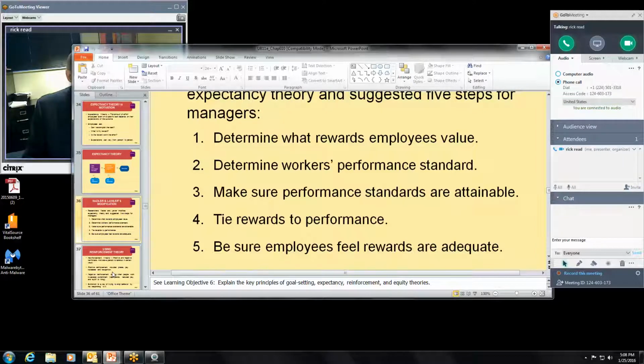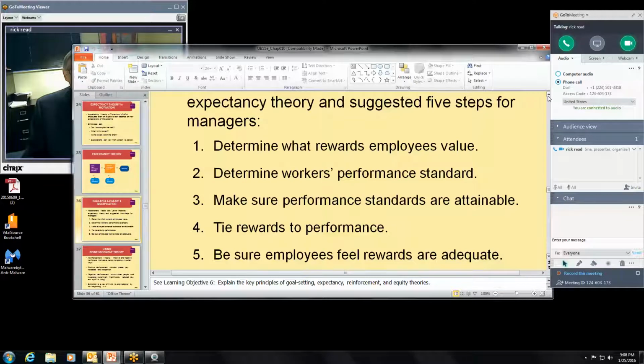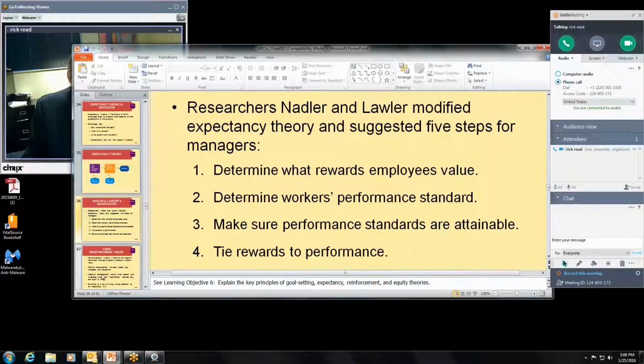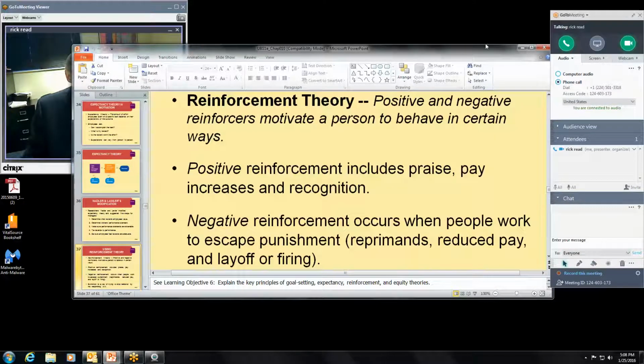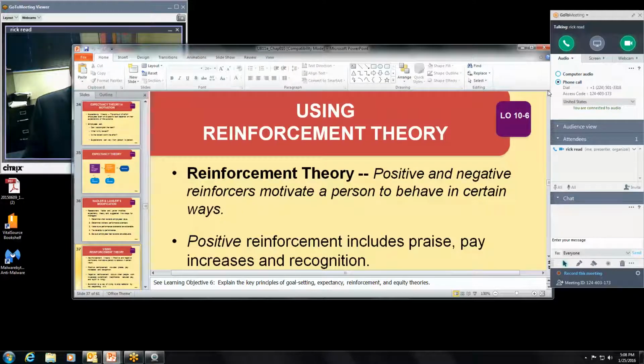Now, the next theory we come to, again, motivation, is reinforcement theory. Now, reinforcement theory can be seen here at the bottom of page 281. We have positive and negative.